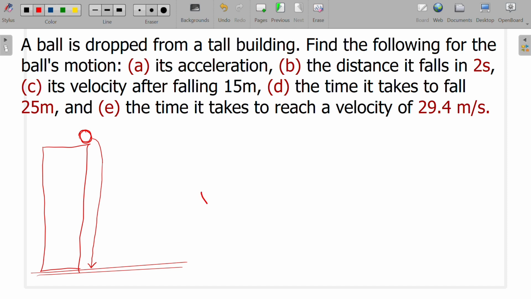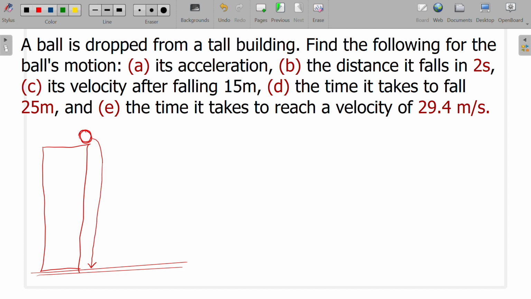Now, the acceleration the ball is going to use as it drops down is just acceleration due to gravity. Since here we're talking about free fall, the acceleration we're using is acceleration due to gravity. In this case, this acceleration due to gravity is positive because we are following gravity.